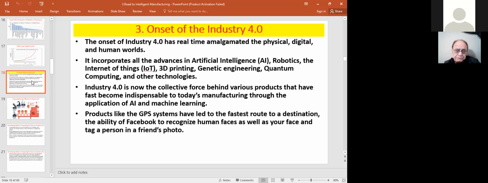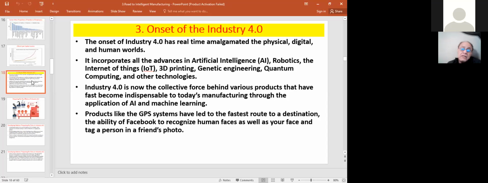Products like the GPS system are also a part of intelligent manufacturing. The GPS system really gives the fastest route and destination location, and these capabilities of intelligent systems that are available today, we can make much use of, to improve the quantity of a manufactured product as well as the quality of the manufacture.